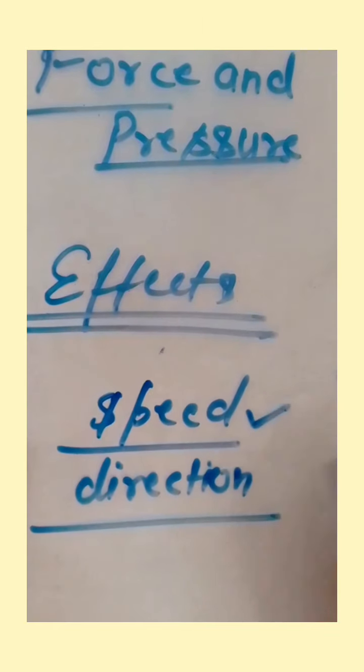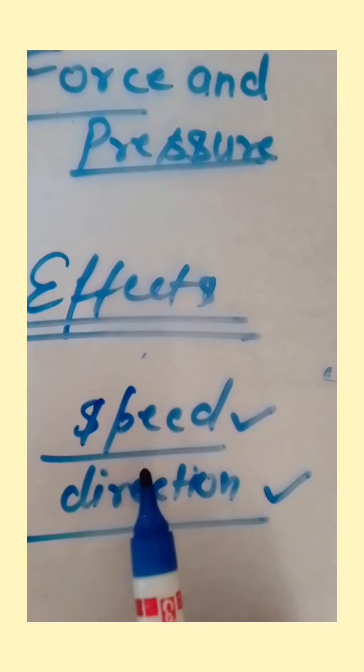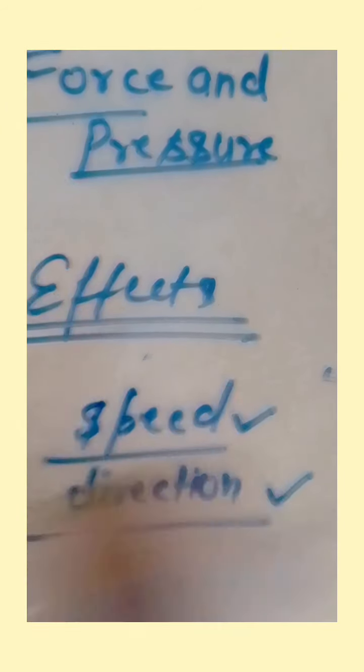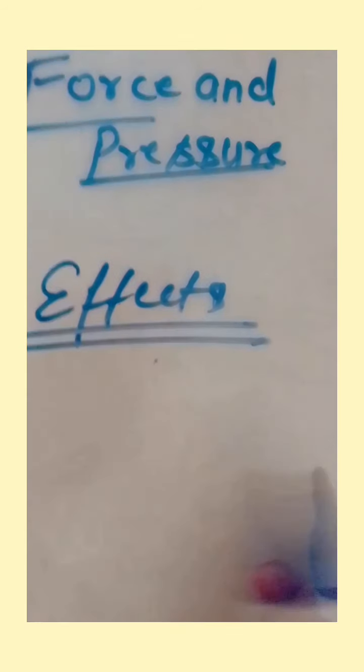When any type of change will occur in speed or in direction, then we will call that there is a change in the state of motion of that particular object. Right? Simple activity we can perform here, like roll a ball on a table.